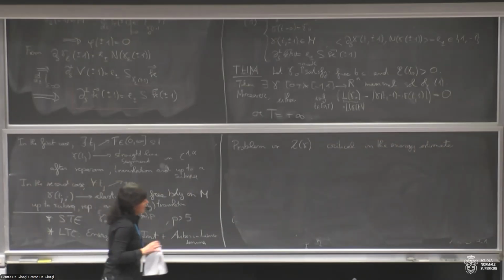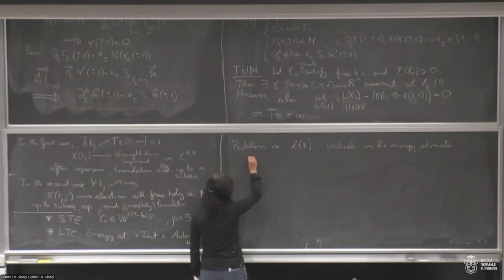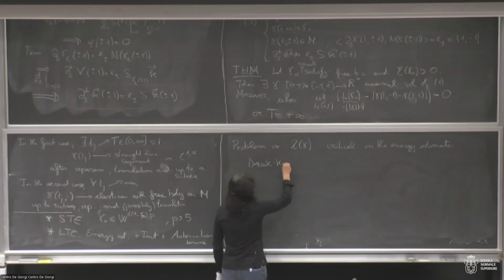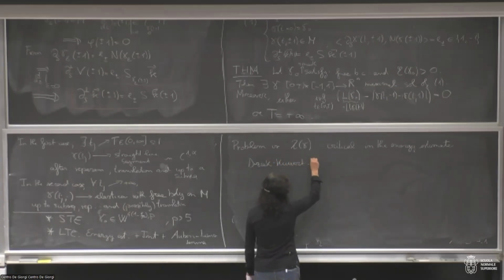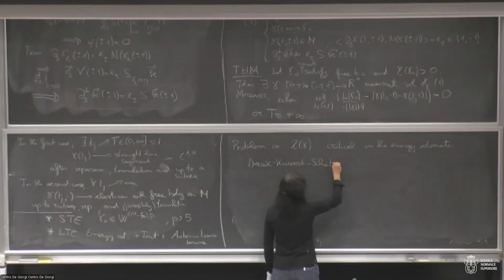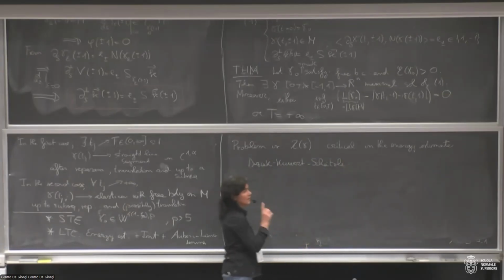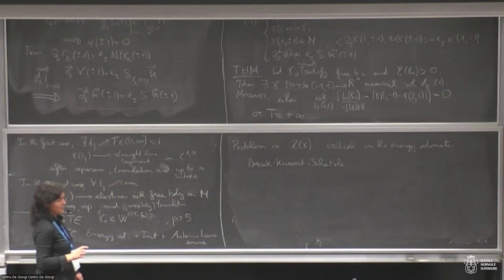And then there was the trick, going back again to Schönlieb and Schätzle, using the fact that we have a gradient flow, the behavior of the elastic energy with respect to scaling.